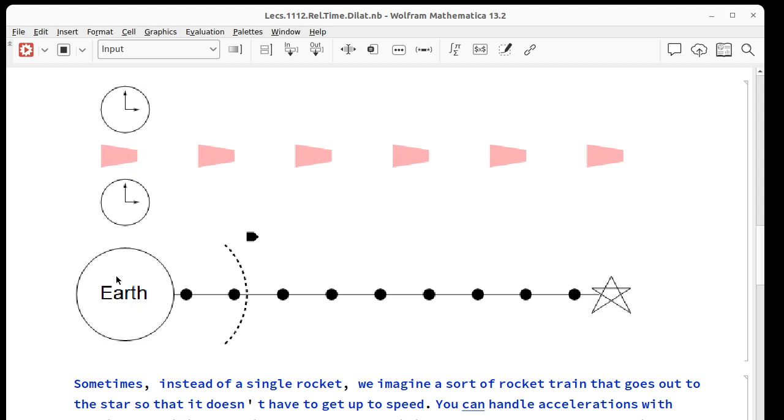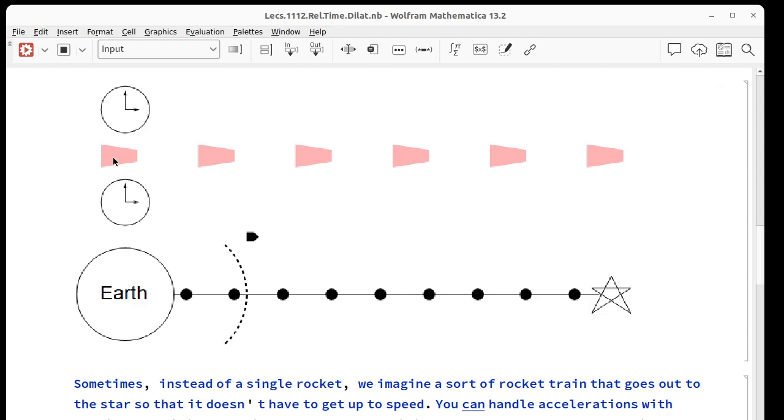And we just throw one of the twin babies on this high-speed train and let the train take them to the star. You can actually do the math involving accelerations with relativity. It's a common misconception that special relativity only deals with unaccelerated motion, and that's not right, but it's easier to just avoid that. So we're just going to say the acceleration is basically instantaneous.